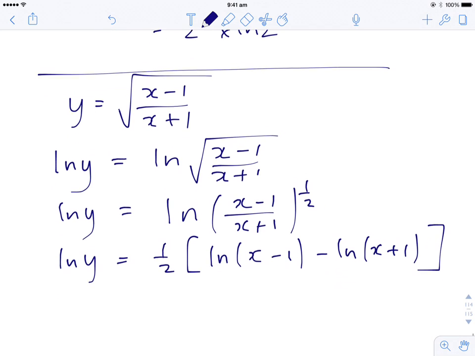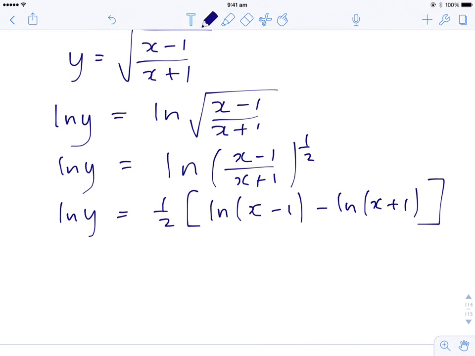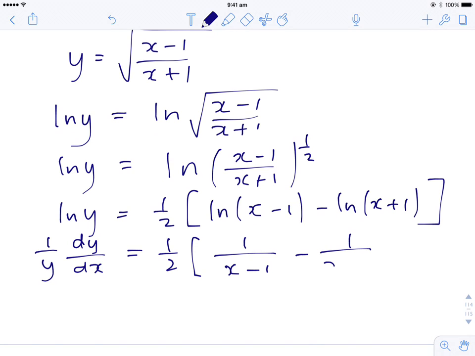And see, that's just going to make life a lot easier when we do the derivative. So I'm going to do the same thing now. Do the derivative of both sides with respect to x. There's the right hand side, same as last time. And over here on the left hand side, the derivative with respect to x will just be 1 over x minus 1 minus 1 over x plus 1.